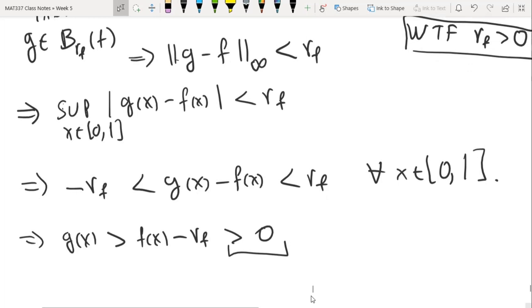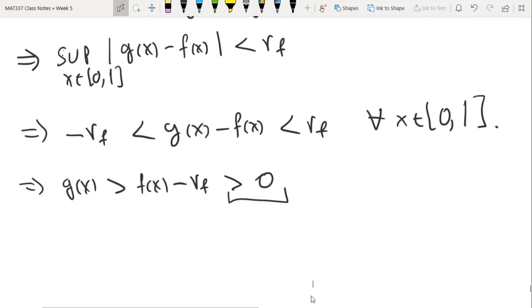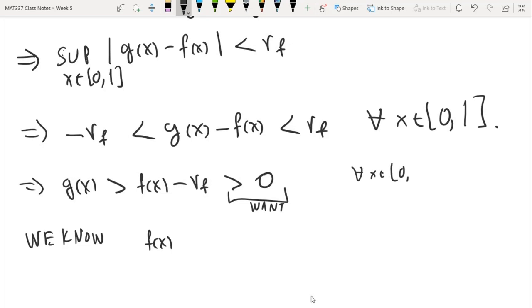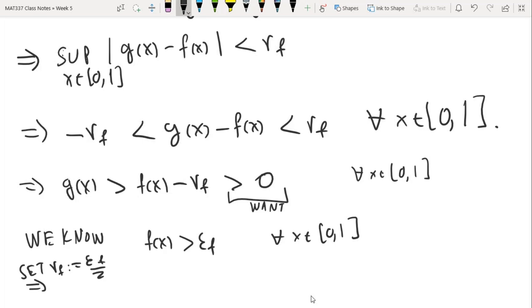Well, we know that f of x is bigger than epsilon f. And so set r f to be epsilon f over 2.